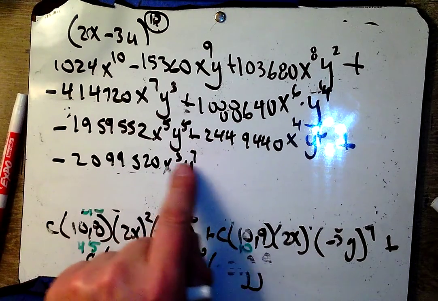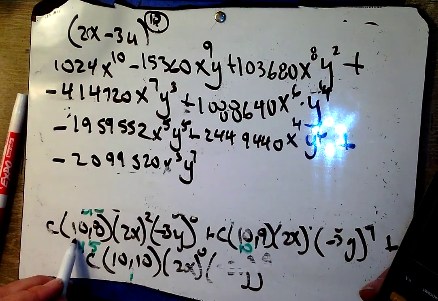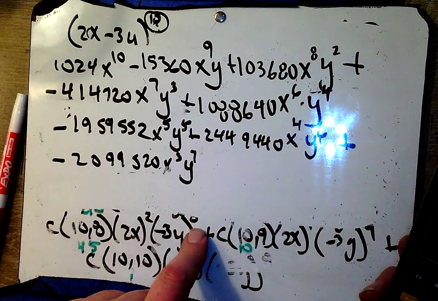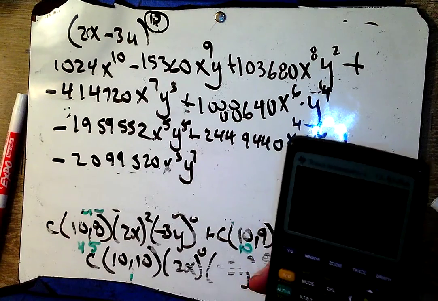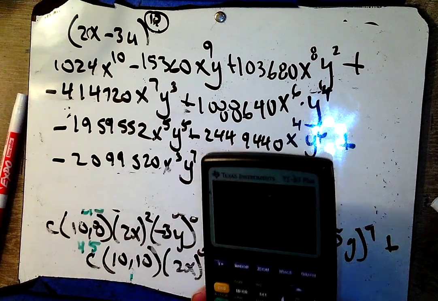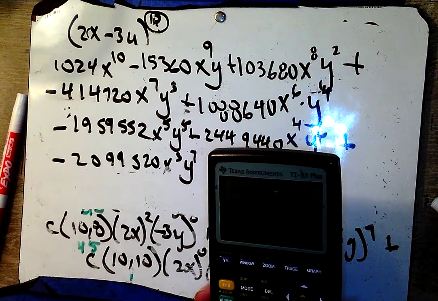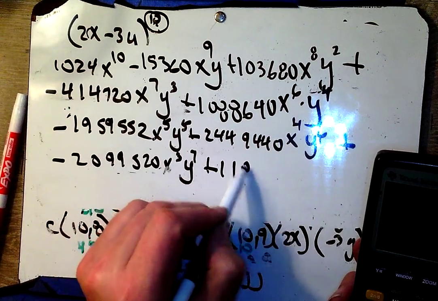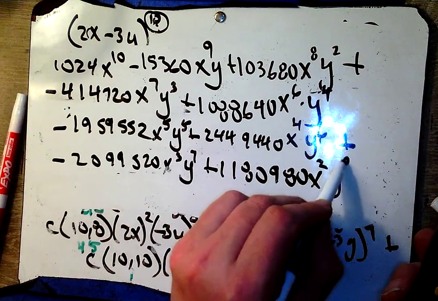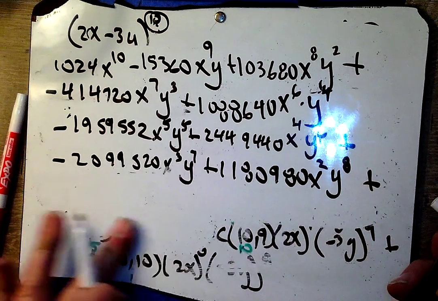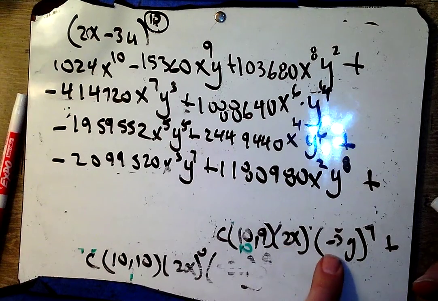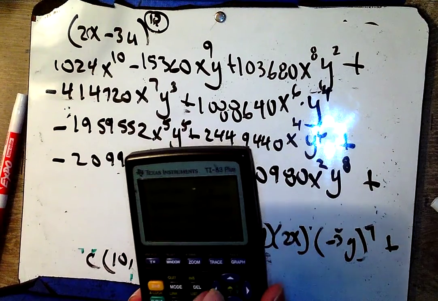Remember, these have to add up to that. Here, we're going to have 45 times 4 times negative 3 to the 8th. That's a 4, and this is a 45. And so I get 1,180,980 x to the 2nd, y to the 8th. 10 times 2 times negative 3 to the 9th.